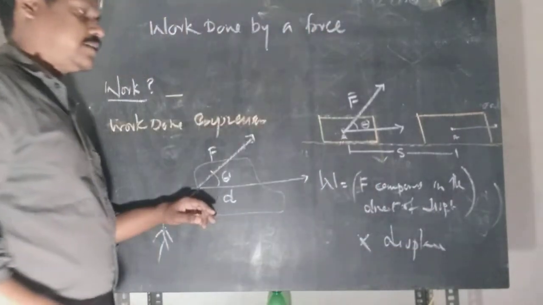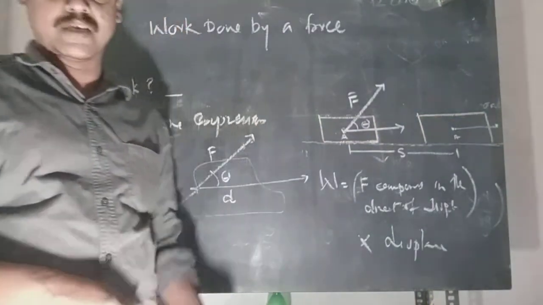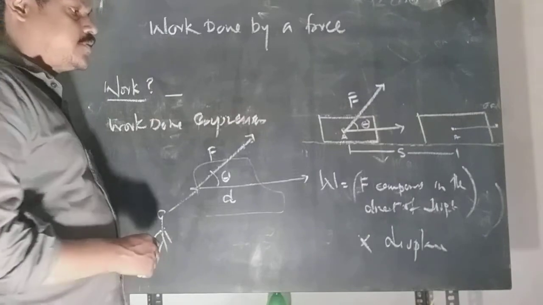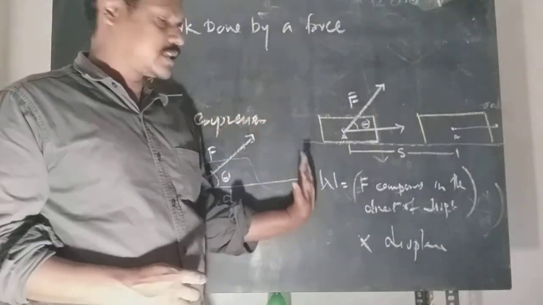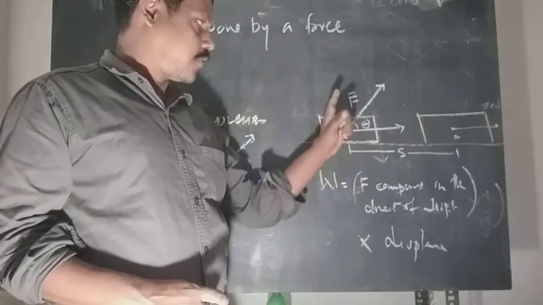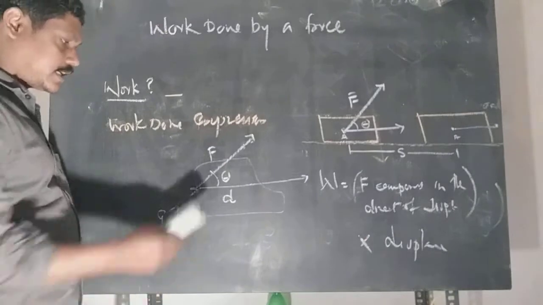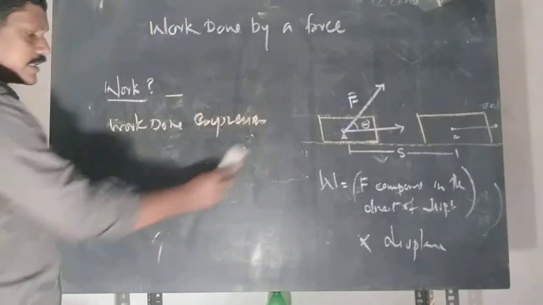So when the force is inclined at an angle theta with the displacement, we have to express the work done as the product of the force component in the direction of displacement multiplied by the displacement it actually has.